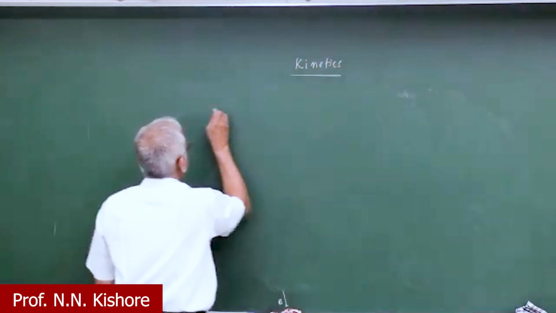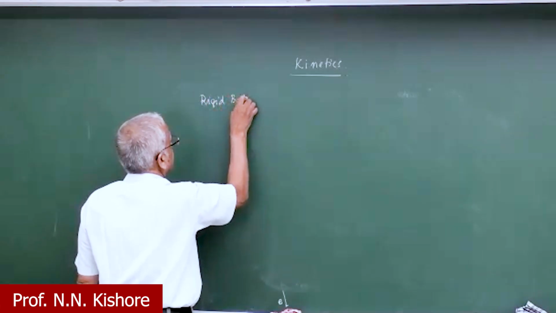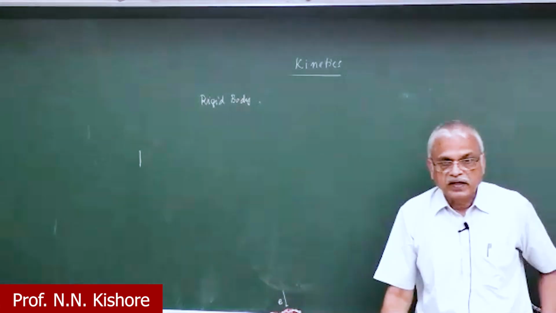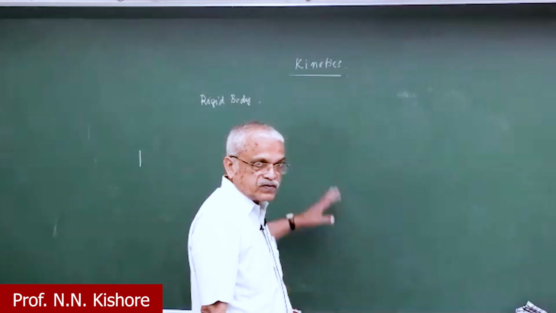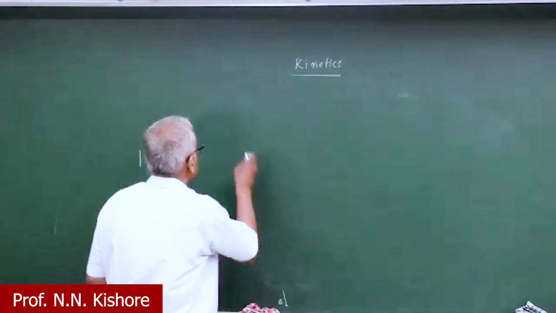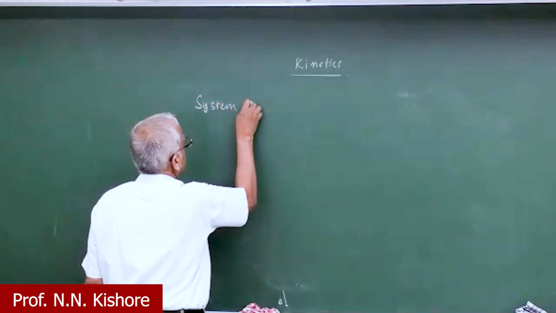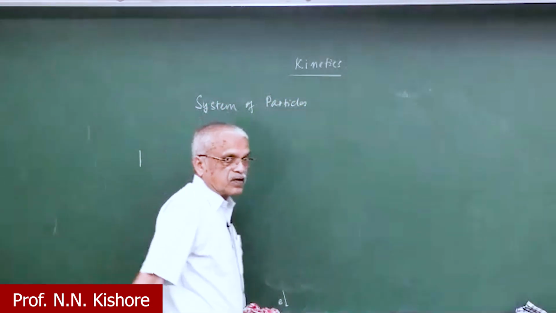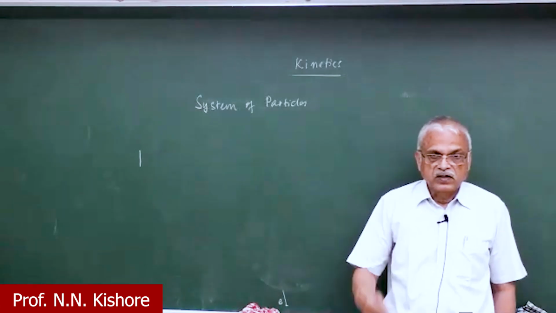So for some time, we are going to consider the kinetics, that is the relationship between force and motion, for a system of particles. Then we extend this one, we put some constraints so that it becomes a rigid body. So for this moment, there are a number of particles here, and let us say these are a number of particles enclosed by this one.